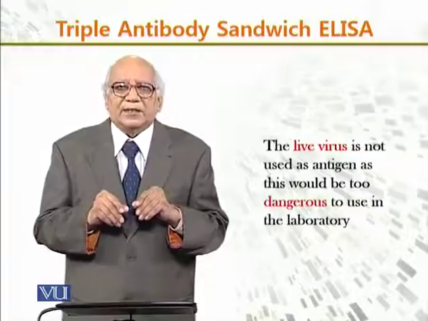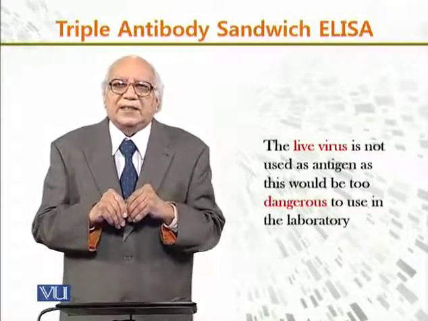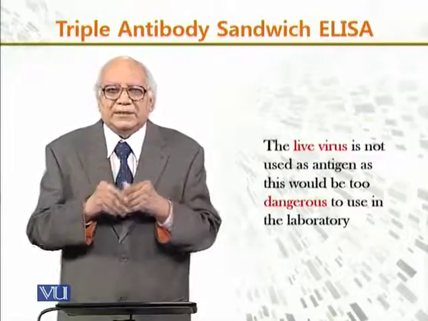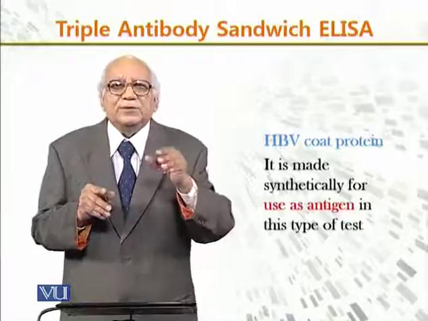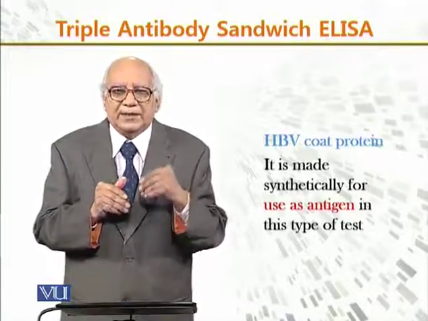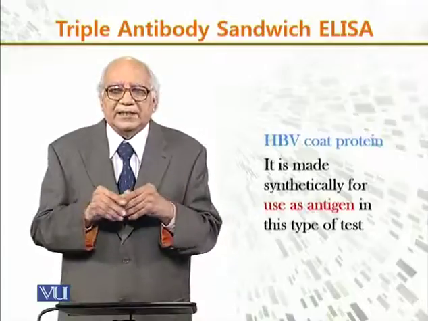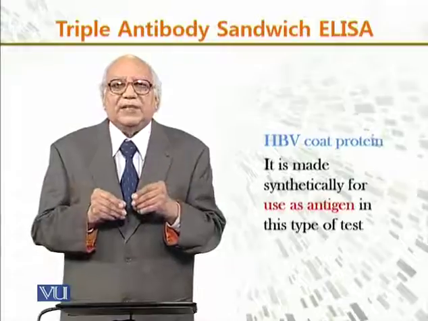So you see, the live virus is not taken; rather the virus coat protein is used, keeping in view the safety. HBV coat protein is made synthetically for use as antigen in this type of test.